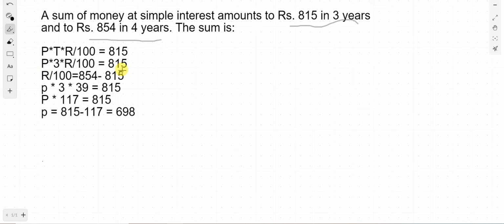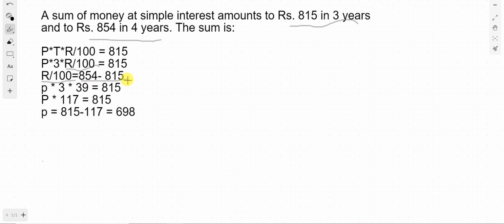Now we can do it similarly for 854 in 4 years. We will take R by 100 common and get R divided by 100 equals 854 minus 815.